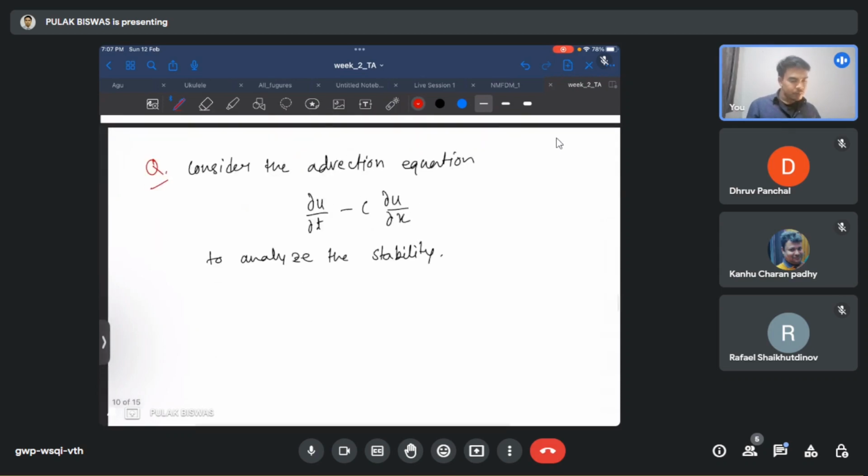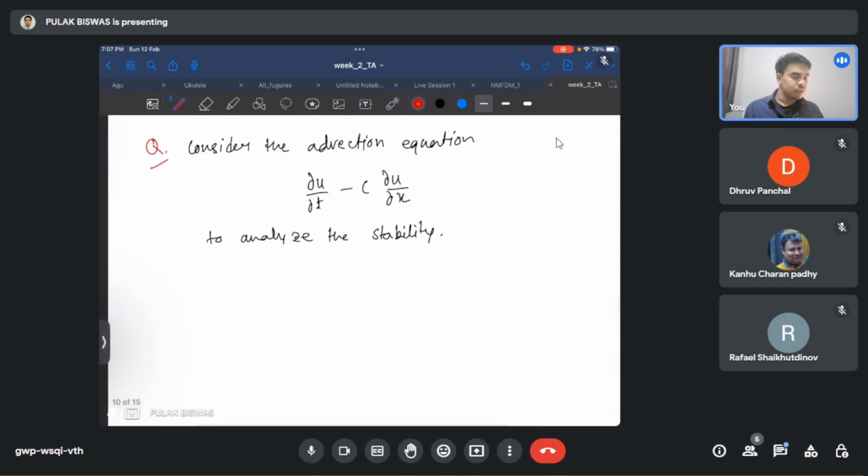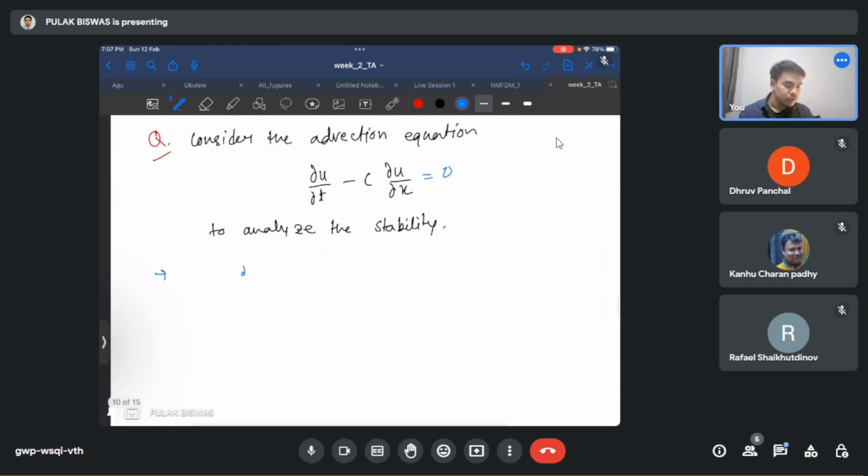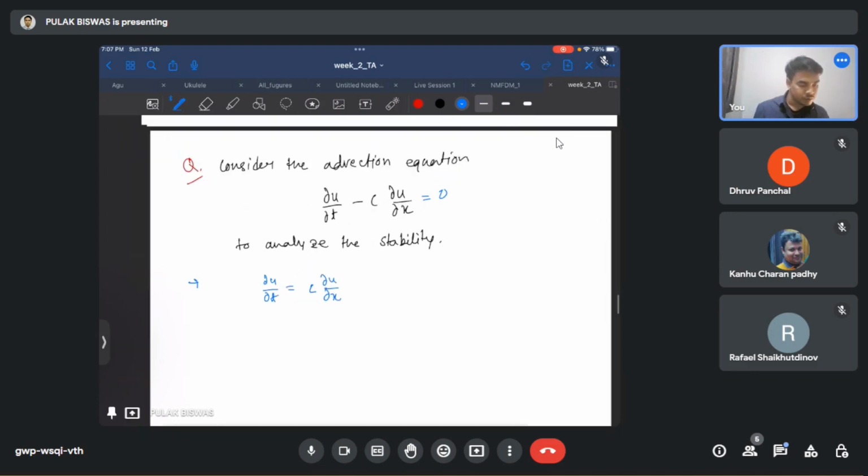Again, a similar problem. This is another equation, and this is called the advection equation. Here it is a first derivative.